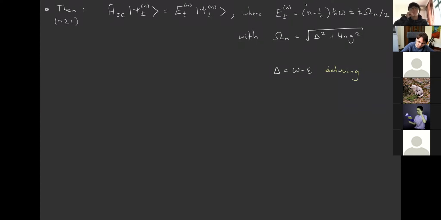And therefore, if you remember what we saw in the previous chapter of the quantum theory of matter, we can define something called the Rabi frequency that has exactly this kind of expression, the detuning squared plus some kind of interaction or perturbation to the free Hamiltonian. And therefore, we call this the quantum Rabi frequency.